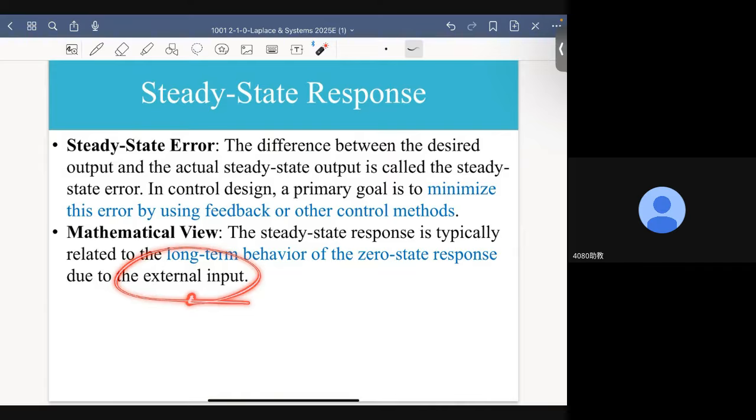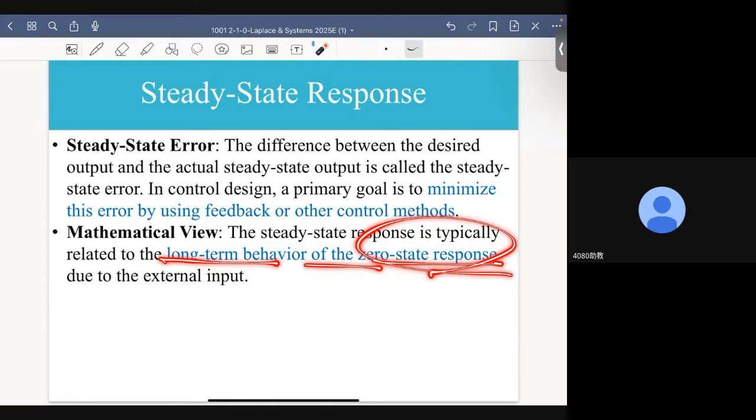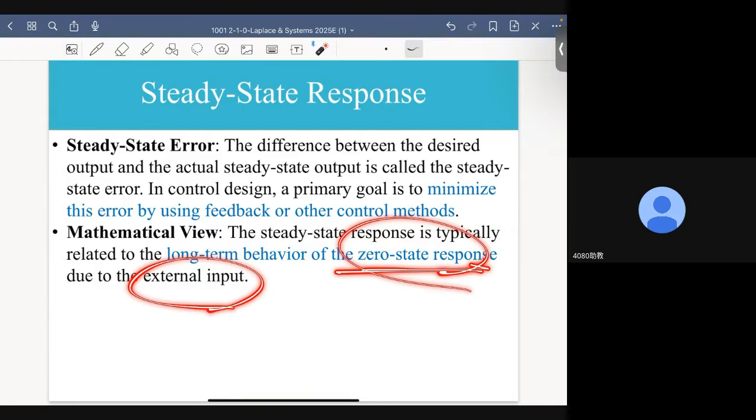Not the entire zero state response, but the long-term behavior of the zero state response, which is the result of the input. So the steady state error is really determined by the system as well as the input.